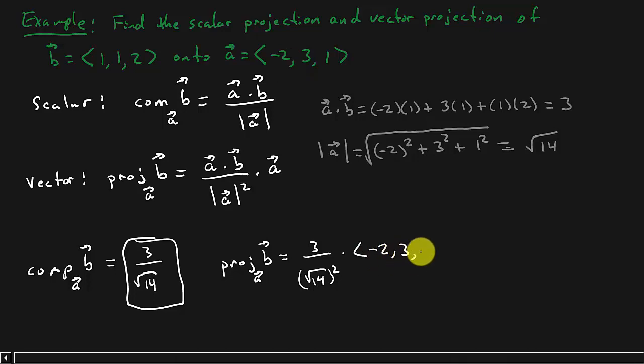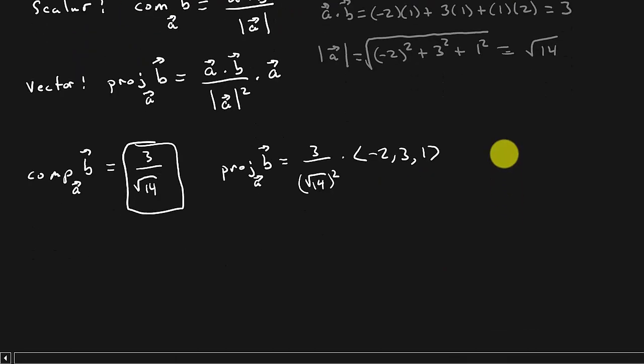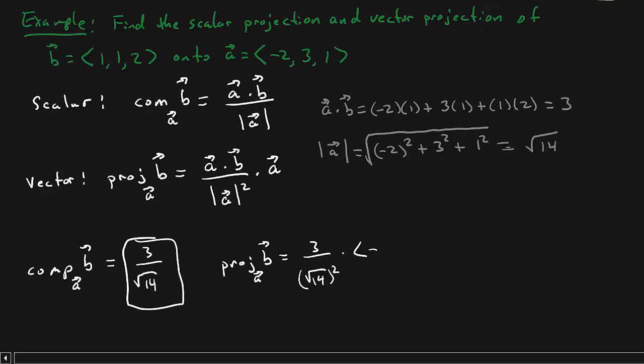That's -2, 3, 1. And so that's going to be 3 over 14 times vector A. I don't know what happened, I was right in the middle of recording and my OneNote just rebooted. So I'm back. All right, times vector A, which is -2, 3, 1.